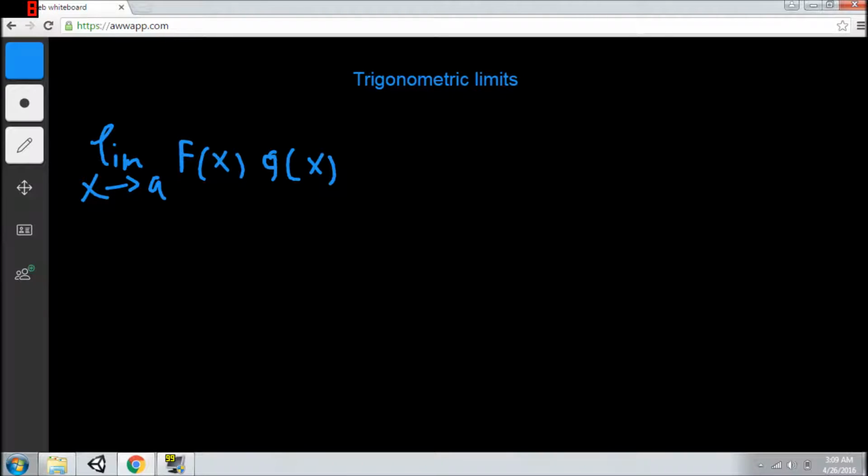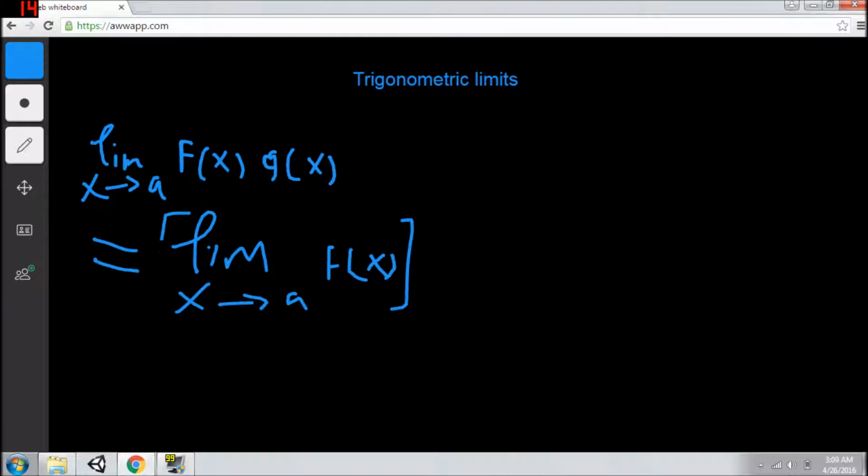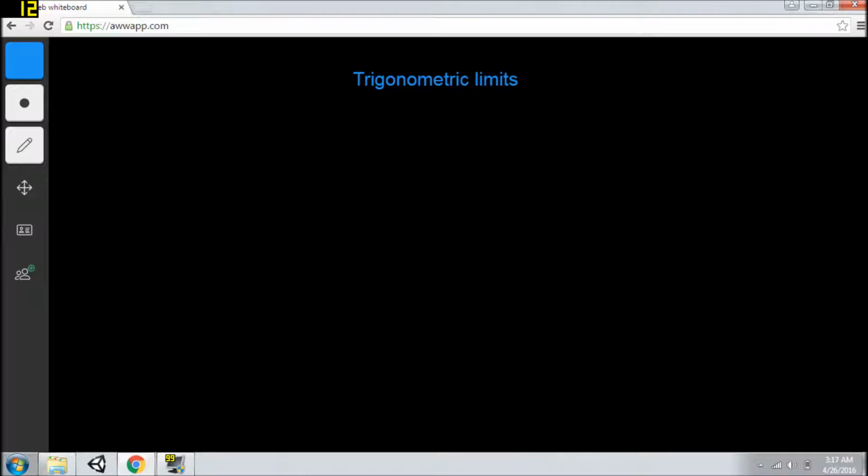You can take the limit as x approaches a for f(x), multiplied by the limit as x approaches a for g(x). I hope you can see why.